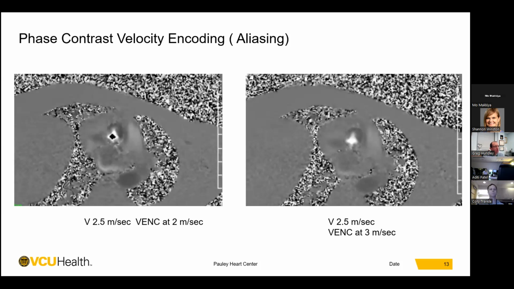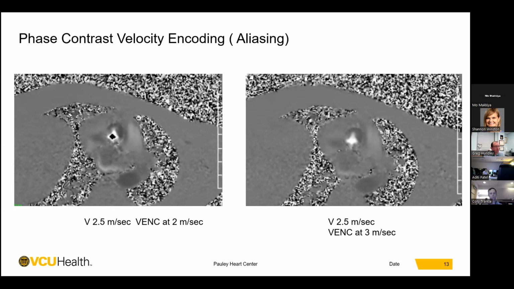Aliasing. We get aliasing, which in turn leads to erroneous velocity measurements. This happens when the valve velocity is higher than the velocity set at the scanner. We call it the VENC. Typically, the VENC is usually set at 2 meters per second, and the valve velocity, for example, is higher than that, like in this case that I'm showing, which is about 2.5 meters per second, and the VENC was set at 2 meters per second.